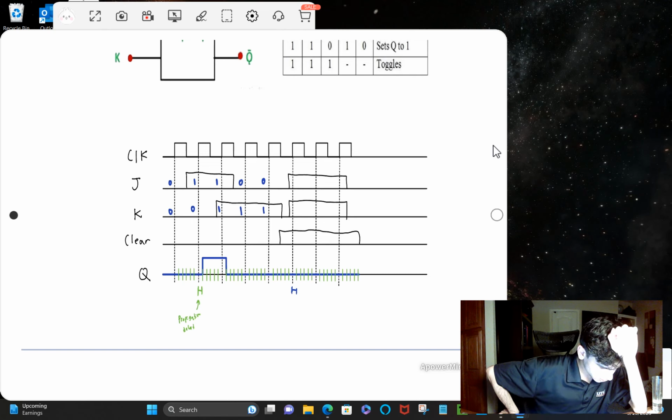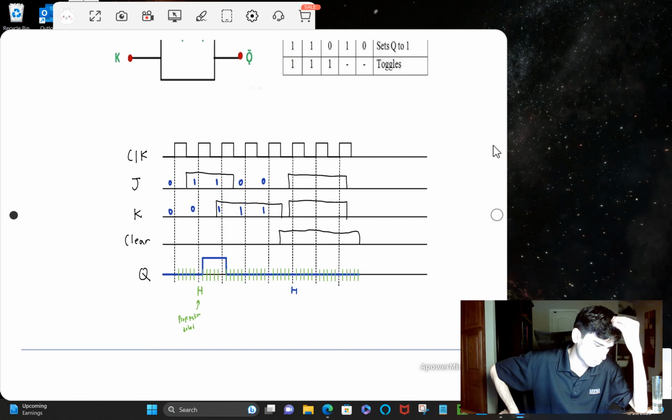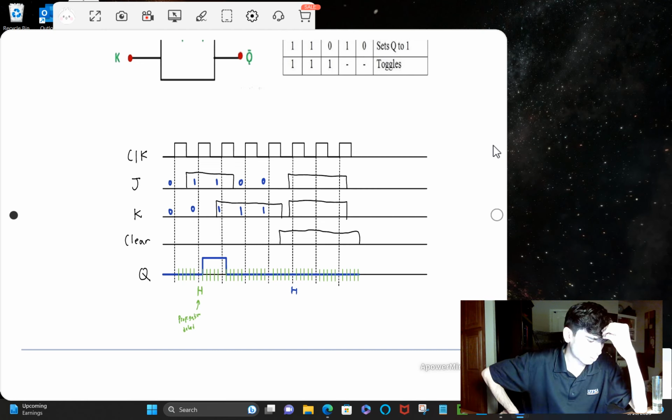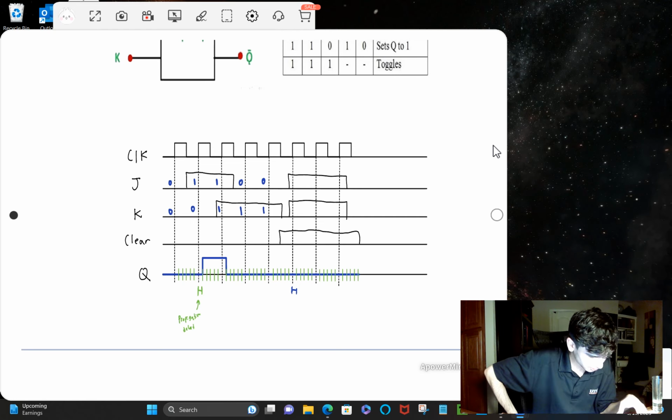And for state reduction, it's eliminating redundant states. And then you can use an implication table.